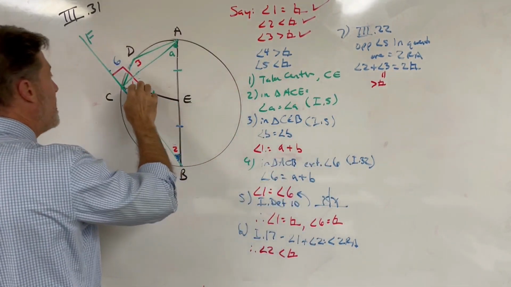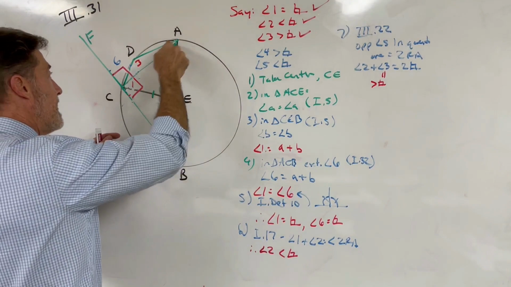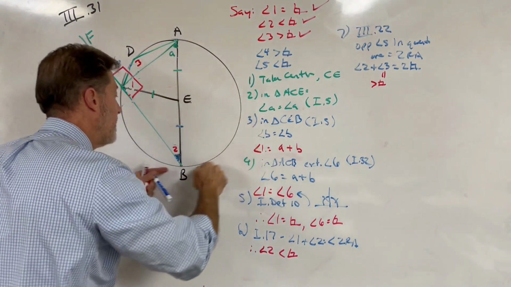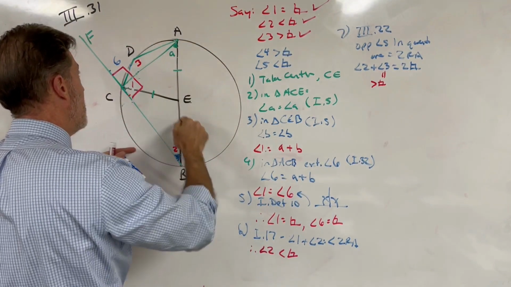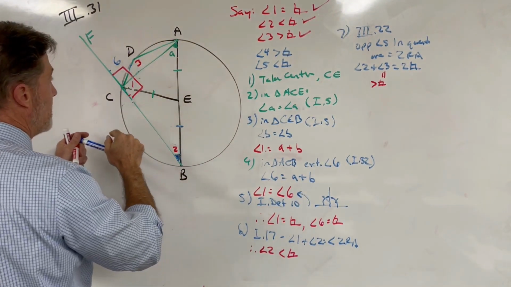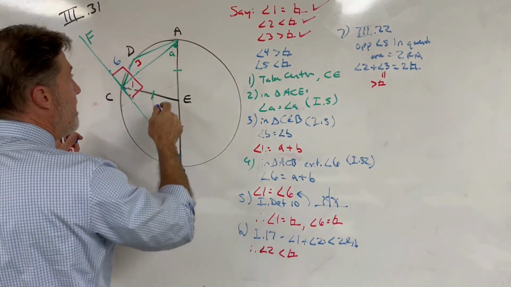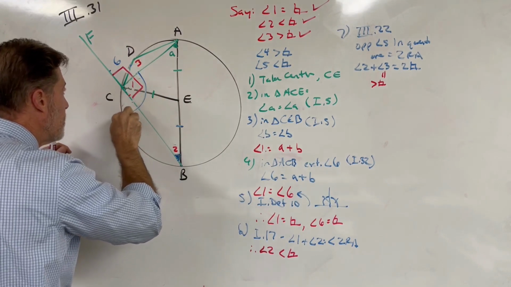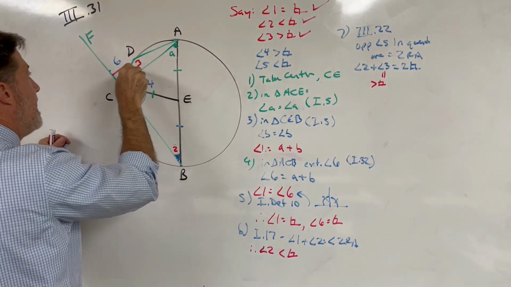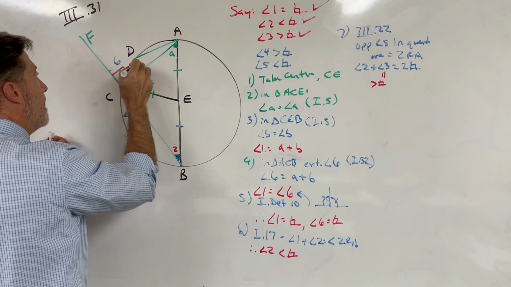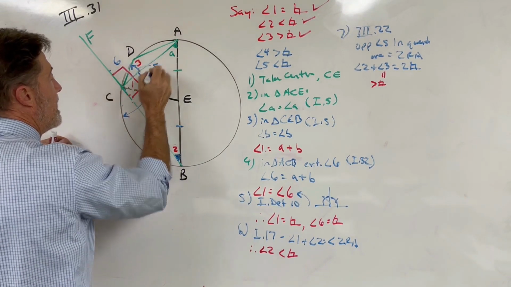So now we've proven angle 1 is a right angle. It's the angle in a semicircle. Angle 2 is less than a right angle, and that's the angle in a greater segment. And angle 3 is greater than a right angle, and that's the angle in a lesser segment. And now we just have to show that what we call angle 4 here is greater than a right angle, and what we called angle 5 in blue here is less than a right angle.